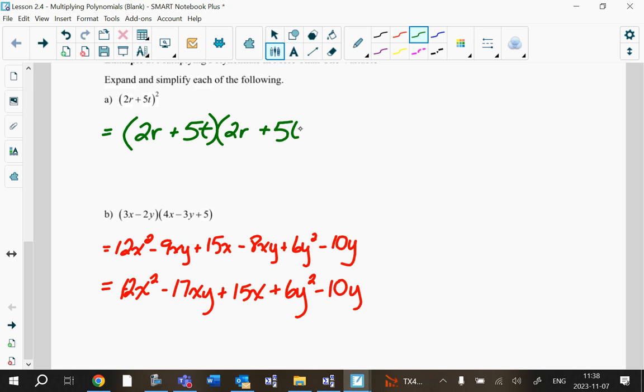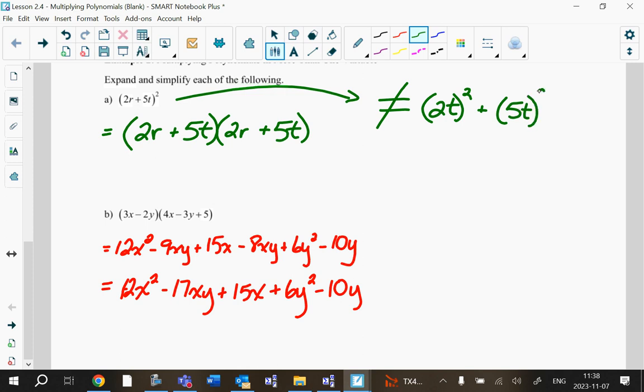So this does not mean that you go 2r squared plus 5t squared. Never, ever, ever. Whenever you see a squared, cross it out, rewrite the binomial.